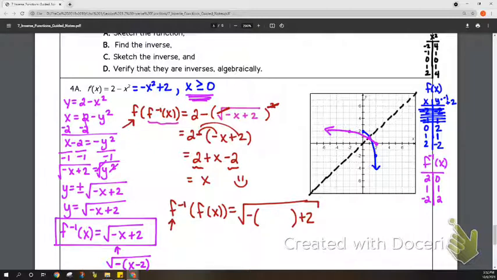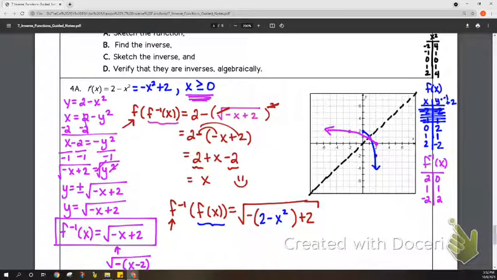And so then we're going to plug in our original function here into it. Our original function was 2 minus x squared. All right, and then we just got to simplify that.